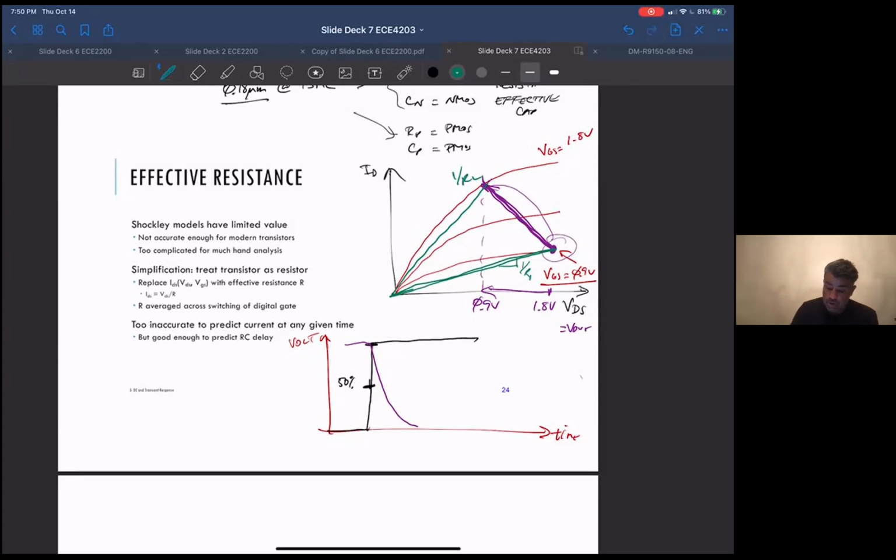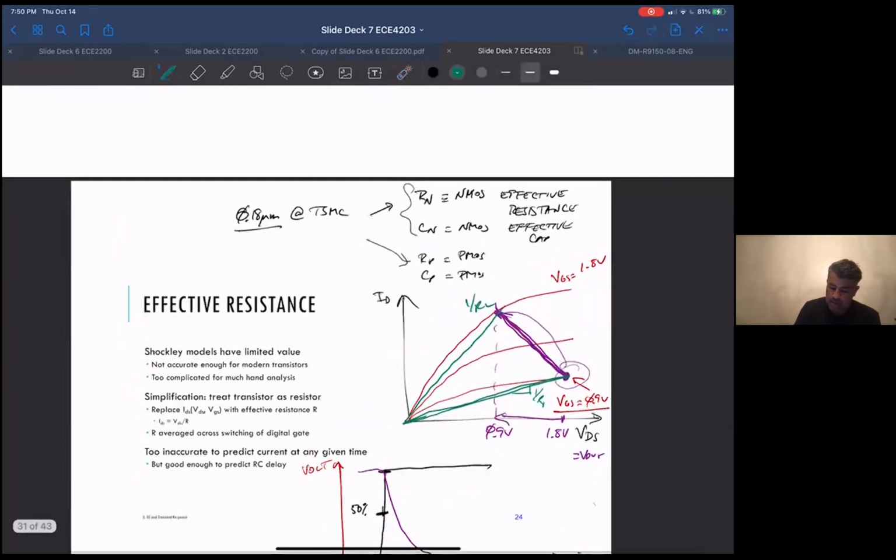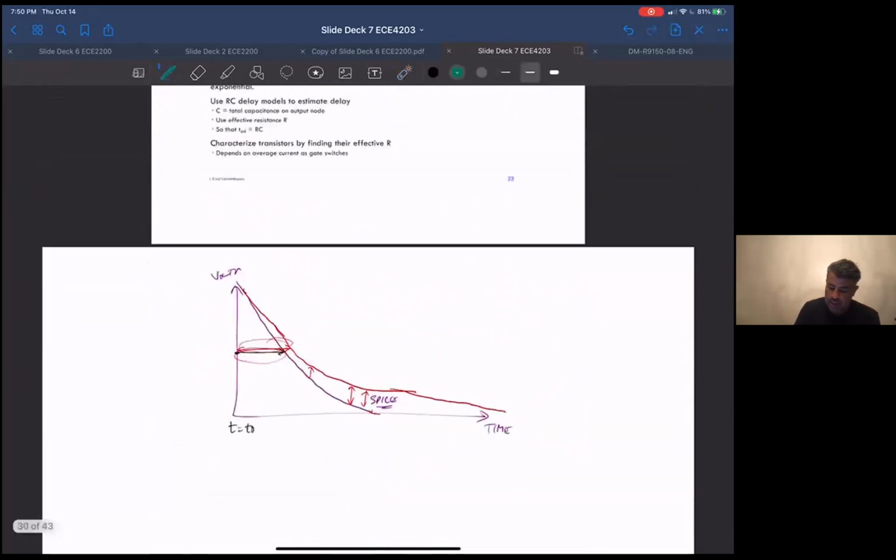So what you do is you split the difference and you get an average value of resistance between these two. And it gives you basically the current you would end up with at this value of your output. Remember, you have this RC.